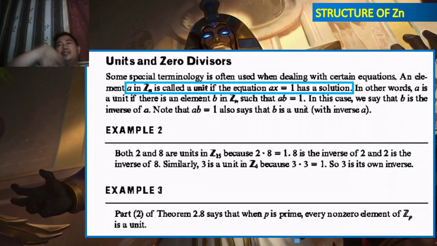Katong mga elements sa 0, 1, 2, 3, 4, kato sila mga equivalence classes. Kato sila class is either unit or zero divisors. So either unit ka or zero divisor ka.